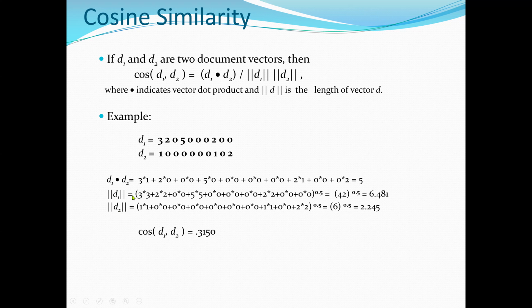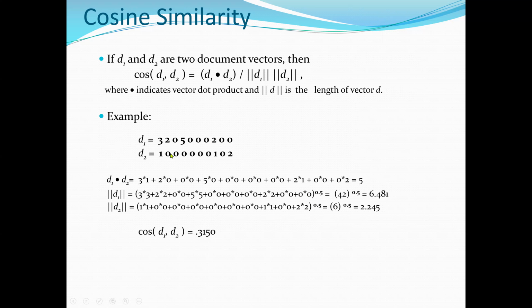To find the length of D1, you square all the values and sum them. So 3 times 3 plus 2 times 2 plus 0 times 0 plus 5 times 5 plus 0 times 0 plus 0 times 0 plus 0 times 0. Again, we square all the values here, then we find the square root of it, so raised to the power 0.5.